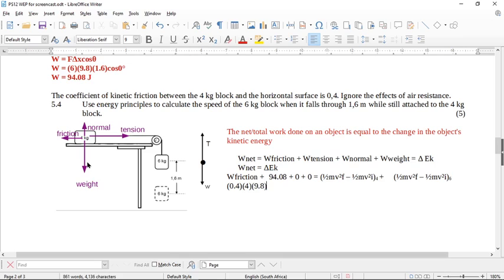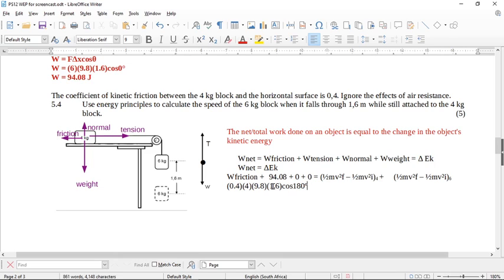Okay, so how do we find the work? This is the force due to friction that I have here. It's the force times delta x, which is 1.6, okay, times the cos of theta, which is here the cos of 180 degrees.